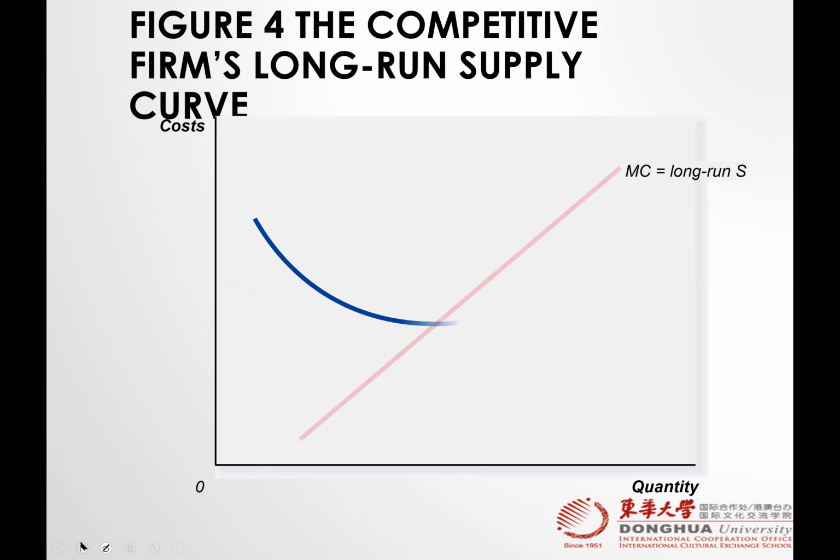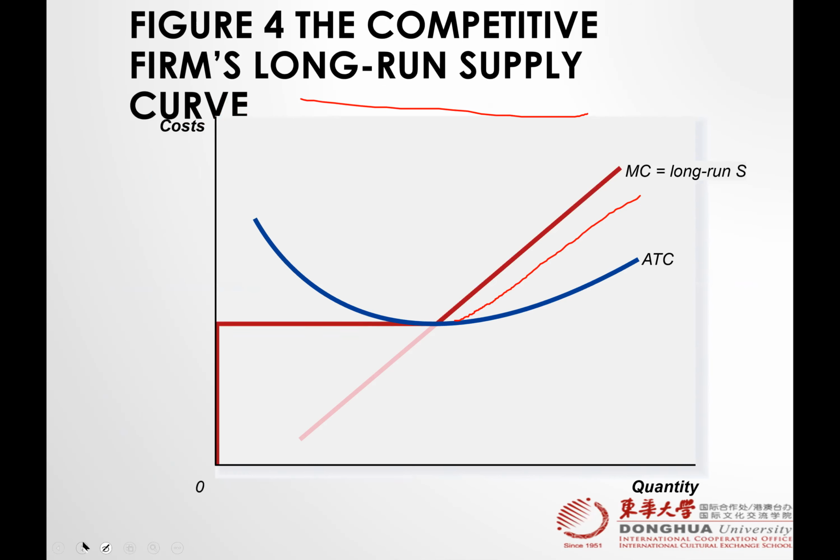So the long-run supply curve is going to be that part of MC which is above the average total cost, right? Because at this point, price is equal to average total cost.